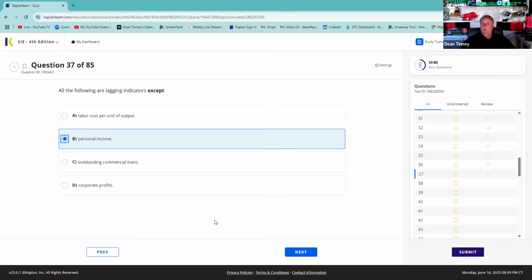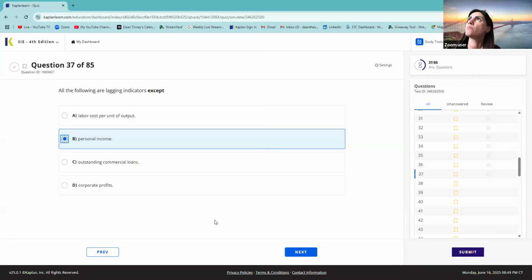I wouldn't go overboard on this, but they're going to ask you some economic questions. I would definitely know that calendar quarters of declining GDP best describes a recession. I would know that fiscal policy is controlled by Congress and the president.